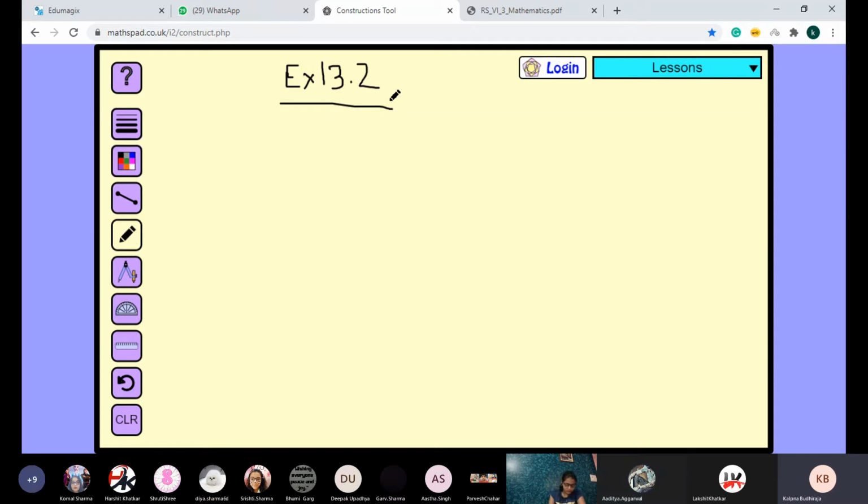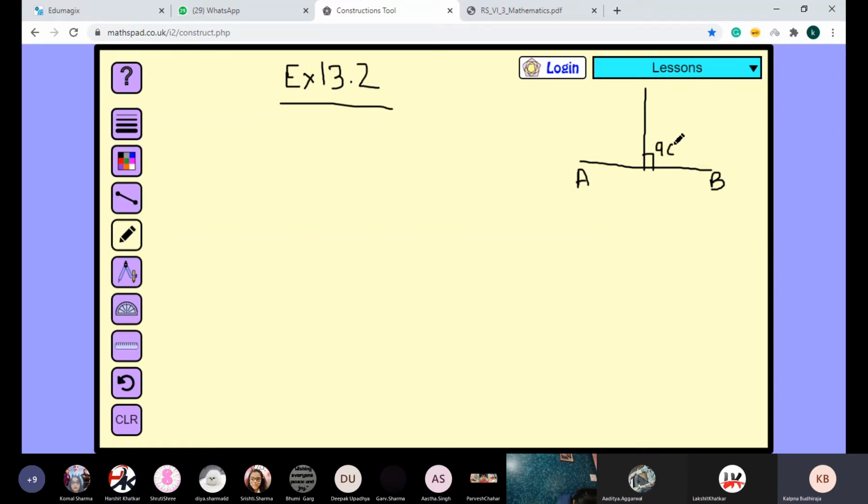In this exercise, we are going to draw a perpendicular or perpendicular bisector. First, let us understand what is meant by perpendicular. For example, this is a line, any line segment AB. If on this line you draw another line at 90°, you will say it is very easy to draw a 90° angle.